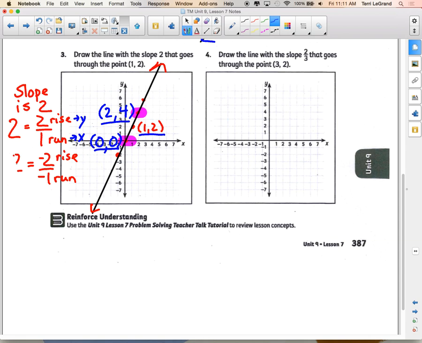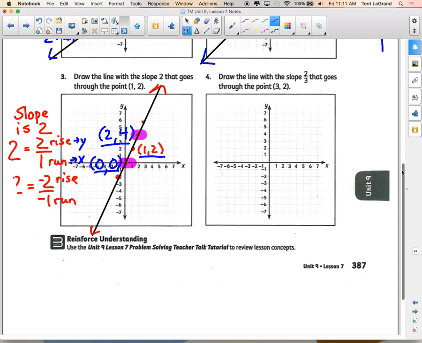Went from 2 to 0. Yep. Went down 2, so it's a negative. Did the x value change by 1? Went from 1 to 0. Yeah. So we should be able to see the change also happening in our ordered pair names. Okay, let's do one last one here.